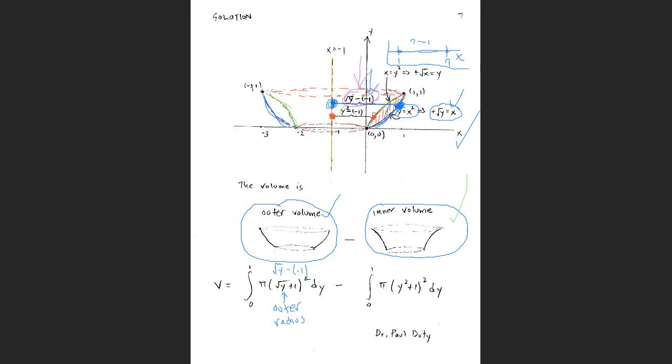So here you have y squared minus -1. Are there any questions on how I'm getting, and then I'm integrating with respect to y? Are there any questions on how I'm getting my outer and inner radius here?